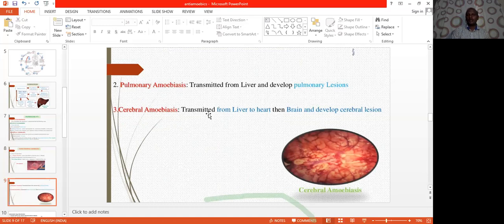Then cerebral amoebiasis, which spreads from the liver to the heart, and then from the heart to the brain. So it can occur in the liver, heart, and then brain. You can see the yellow colored formation in cerebral amoebiasis, which is because of the death of brain cells.